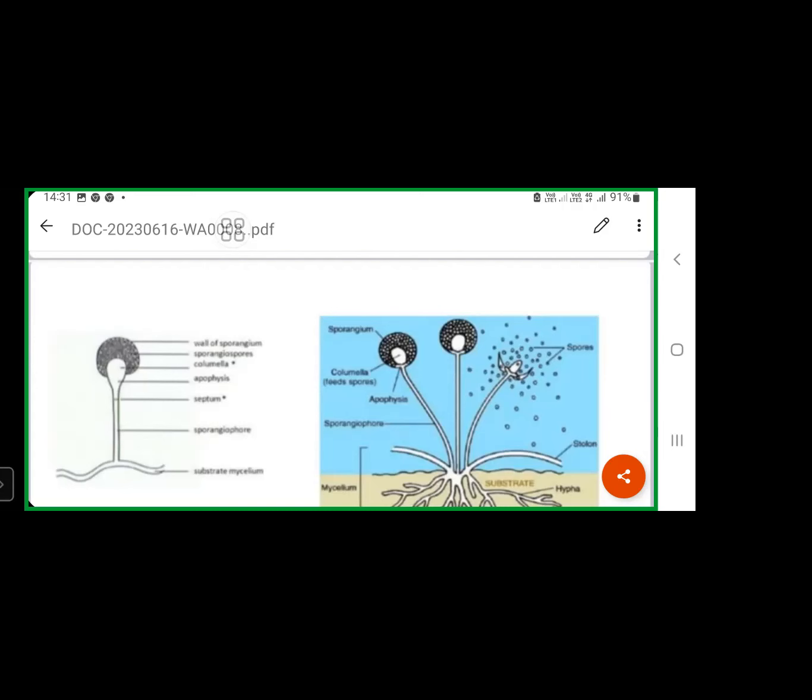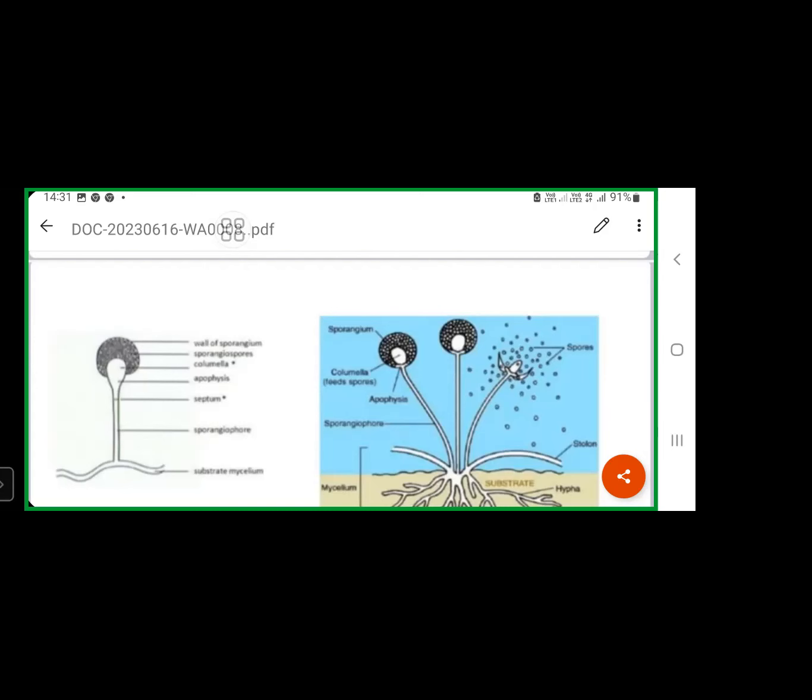You will see pseudomycelium formation in yeast, but actually yeast is a unicellular fungus. Here Mucor is growing in laboratories, and that state is called the torula state or torula condition. Whenever oxygen is not sufficient, in such a situation this Mucor develops into yeast-like structures.